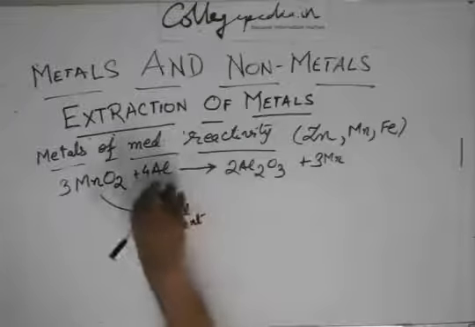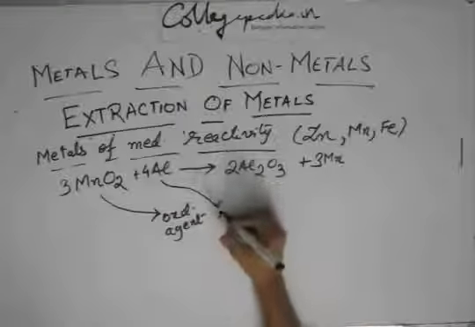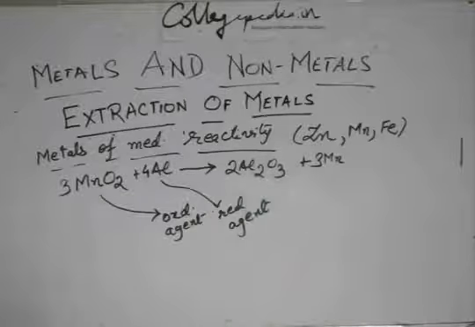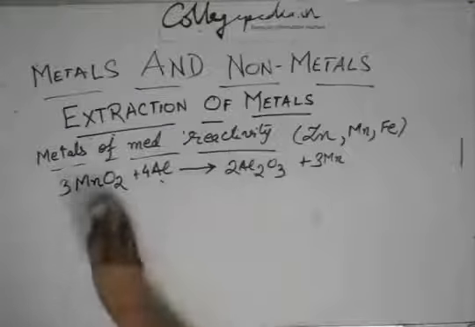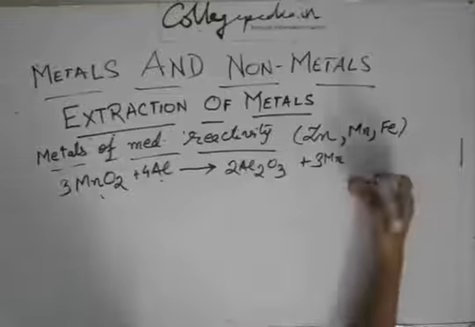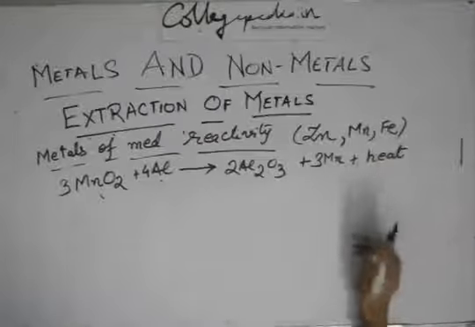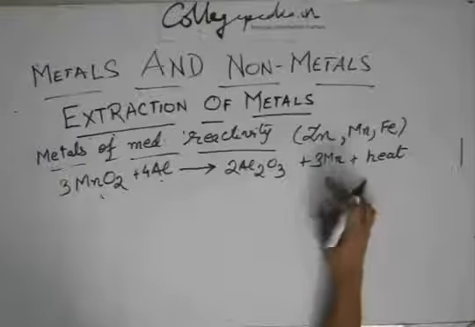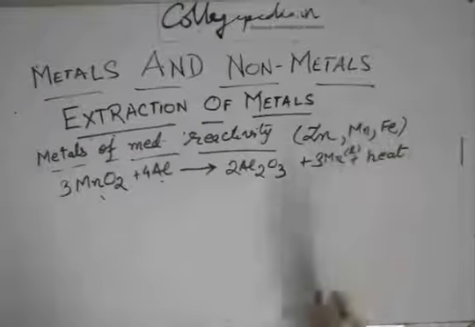And aluminium, which gets oxidized to aluminium oxide, is our reducing agent. And the reaction is so exothermic, it forms such a large amount of heat, that the metal manganese is actually formed in liquid form. It melts due to the heat.